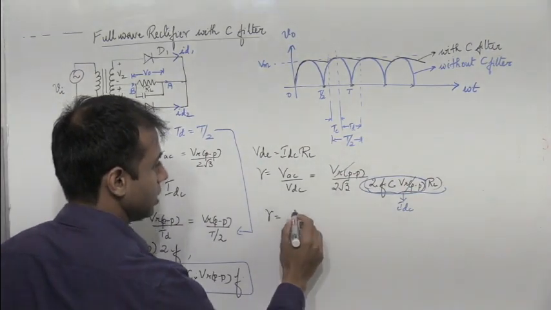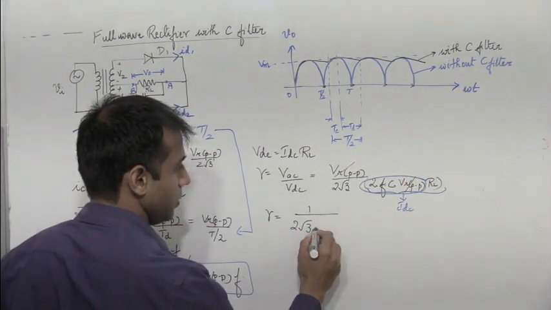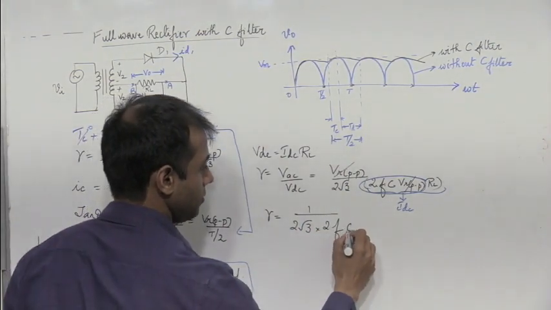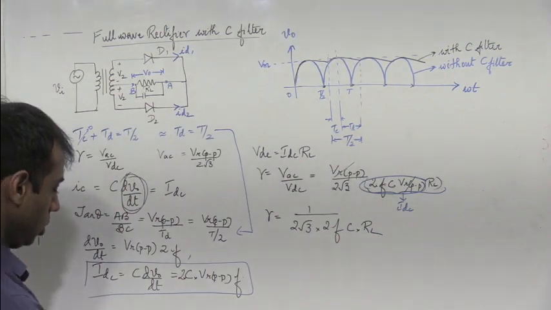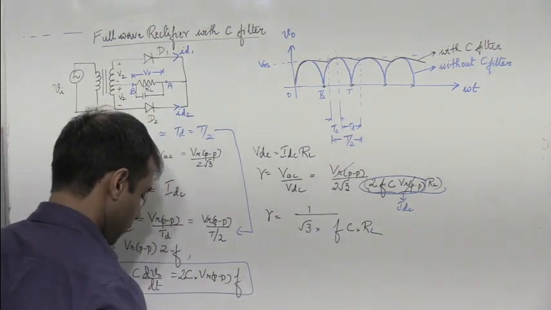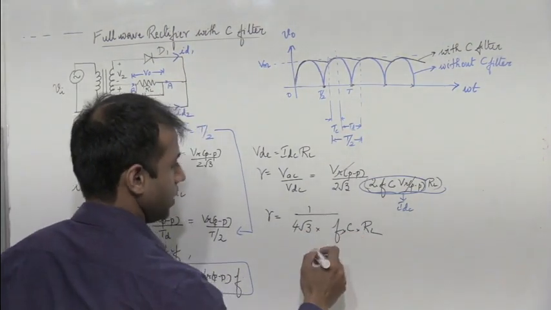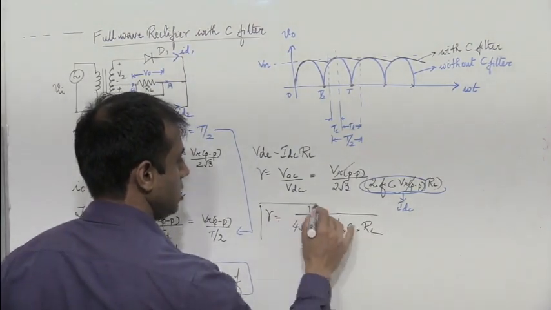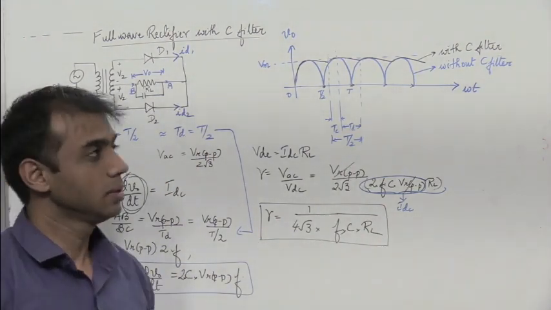So the ripple factor gamma is 1 by 2 root 3 into 2 FC into RL, or it is 1 by 4 root 3 FCRL. So this is the expression for ripple factor.